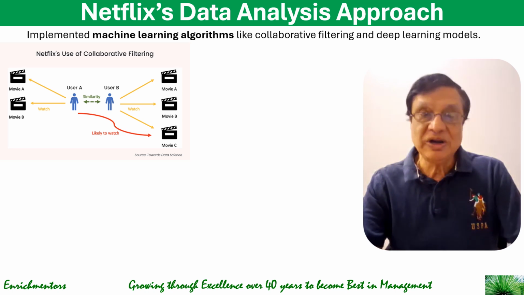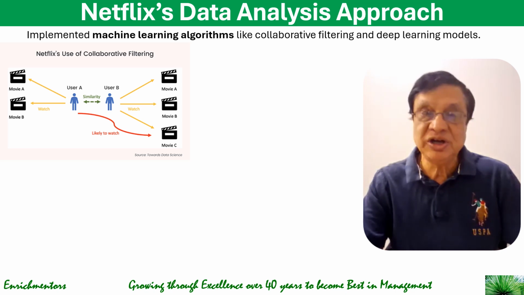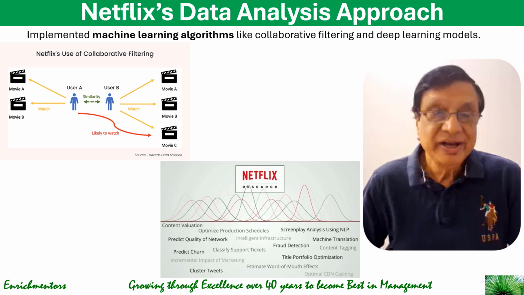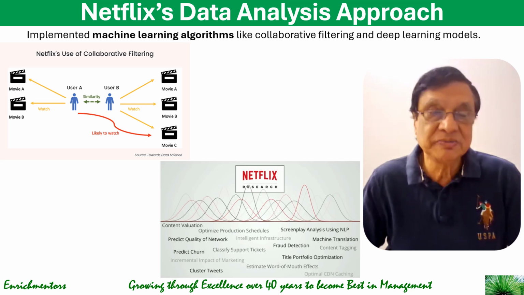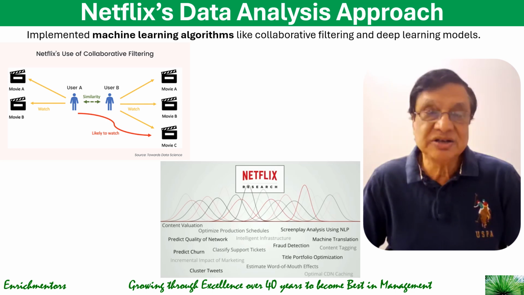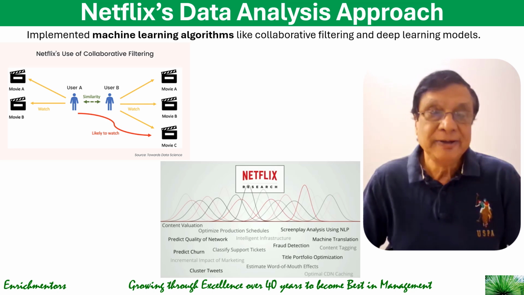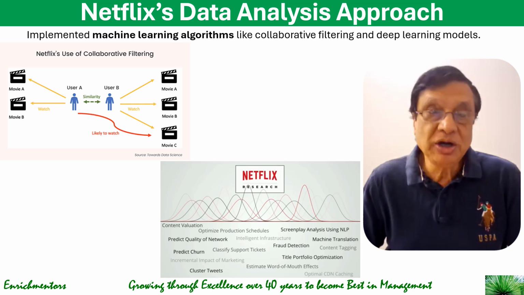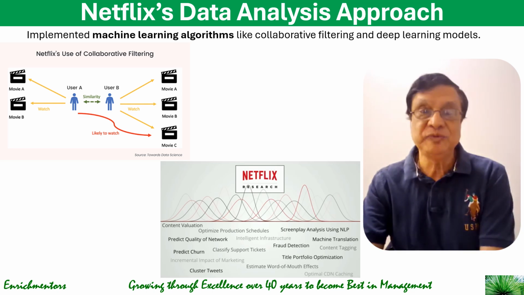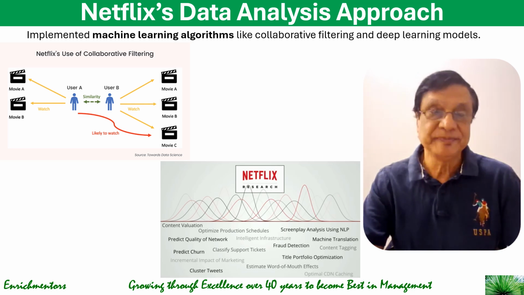Using this collaborative filtering, they implemented machine learning algorithms and also built deep learning models in which the machines themselves learn in an unstructured way to figure out what are the right recommendations that Netflix should be proposing to its customers to retain them and to increase their engagement.